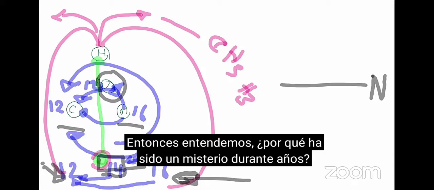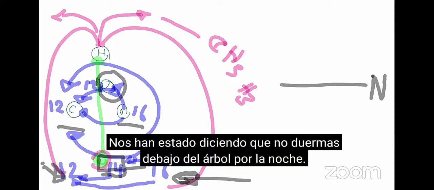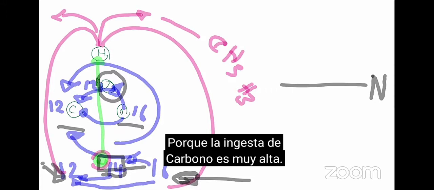Then we understand why it has been a mystery for years. They've been telling us not to sleep under the tree at night because the carbon intake is very high.